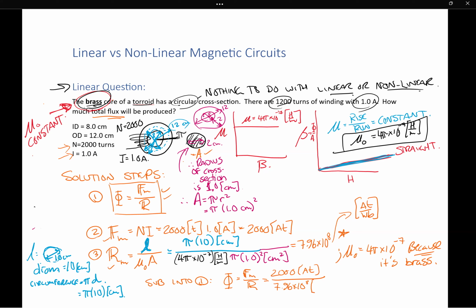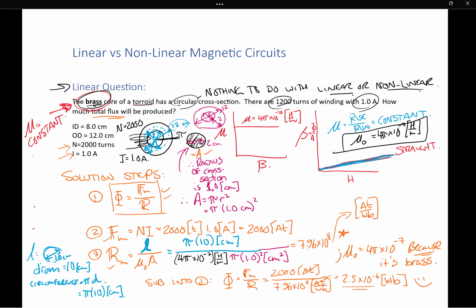I'm keeping the proper number of significant digits here. And that would be 2.5 times 10 to the negative 6. Amp turns cross out. Weber is in the denominator of the denominator, so it comes to the numerator. And that makes us feel happy because we want it to be in Weber. And that's how much flux is going through this core.